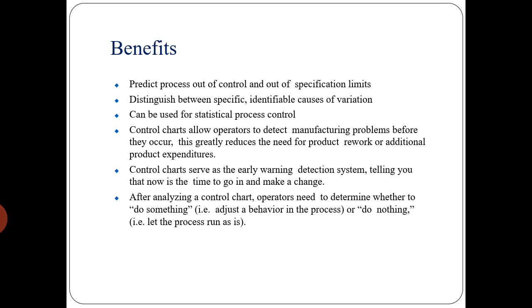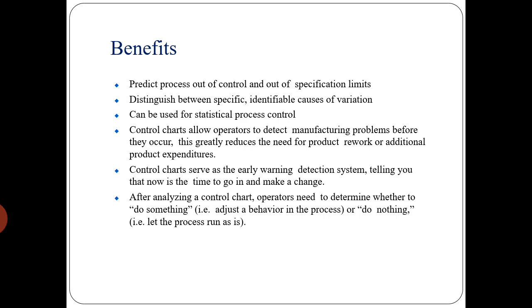So, what is the benefit of these control charts? To predict when a process is out of control and out of specification limits, and to distinguish between specific identifiable causes of variation. It can be used for statistical process control. Similarly, control charts serve as an early warning detection system, telling you that now is the time to go in and make a change. After analyzing a control chart, operators need to determine whether to do something or do nothing.